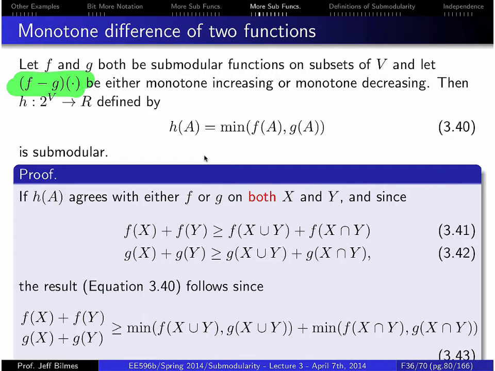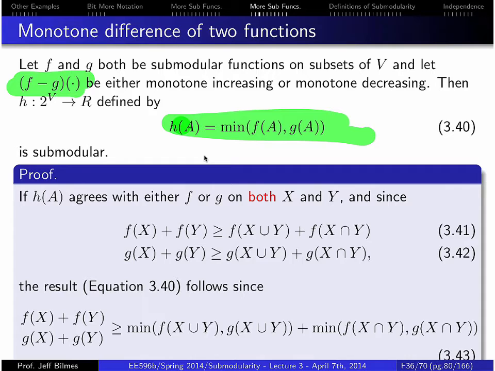Okay, so let's prove that. We're defining h to be the min, and now we're going to consider two cases. Let's suppose that h agrees with either f or g on both x and y. Let's say it agrees with f. That means h of a is equal to f of a, h of x is equal to f of x, and h of y is equal to f of y.